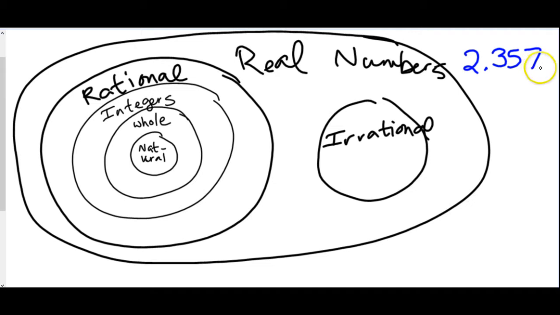I didn't put the little dots after to say, hey, this keeps going. So that means we have a rational. That's the smallest circle it can fit in, is rational. So we fit in rational, and rational also fits in real, so we're considered also to be a real number. Irrational is kind of its own little circle.